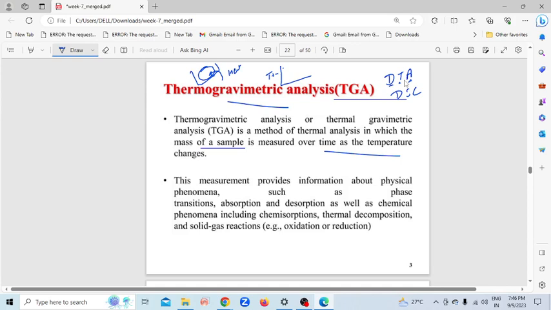It should be measured where it will start decomposing, where it will be decomposed completely, and where it will decompose at the highest rate. That's why we plot the DTA curve. In the DTA curve, delta T means temperature change, and Ts means T sample.